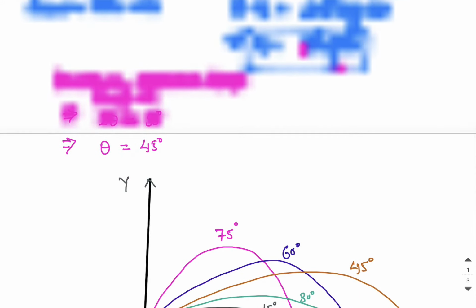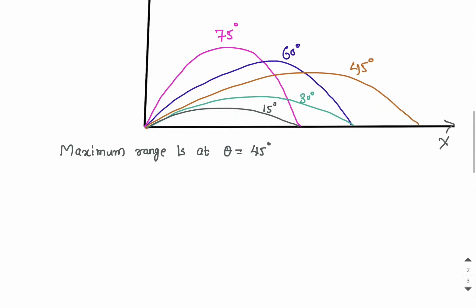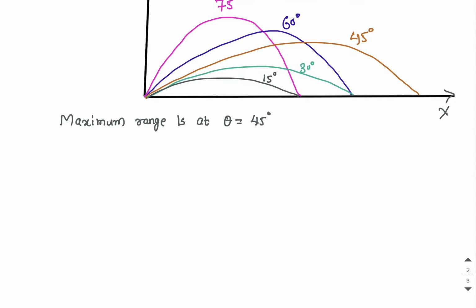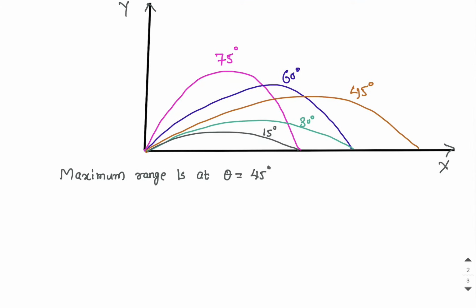And also, if you look at this equation here, which we already have calculated, the range is equal to v naught squared sine 2 theta divided by g. That is the formula for the range.